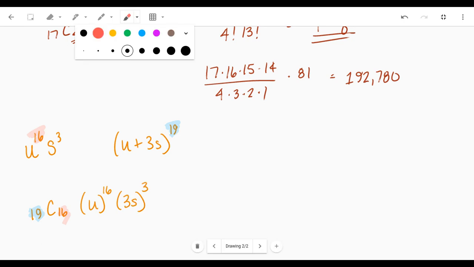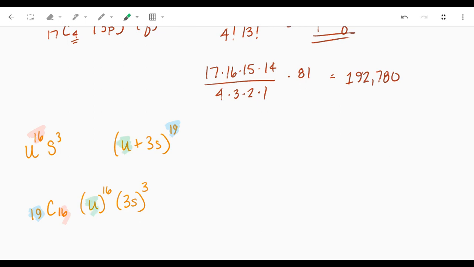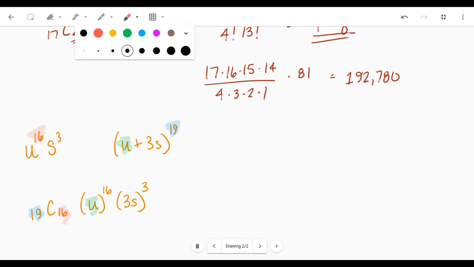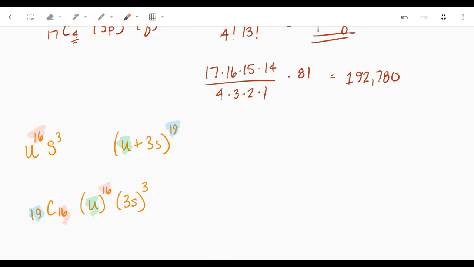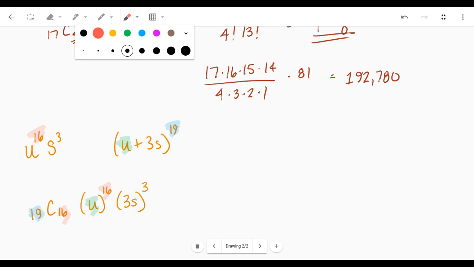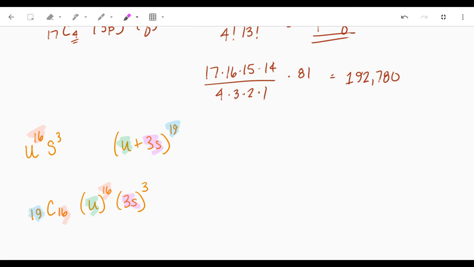Okay, and the u comes from here. The 16 comes from the same place we got the other 16. The 3s, I hope this isn't getting too colorful for you, comes from here.